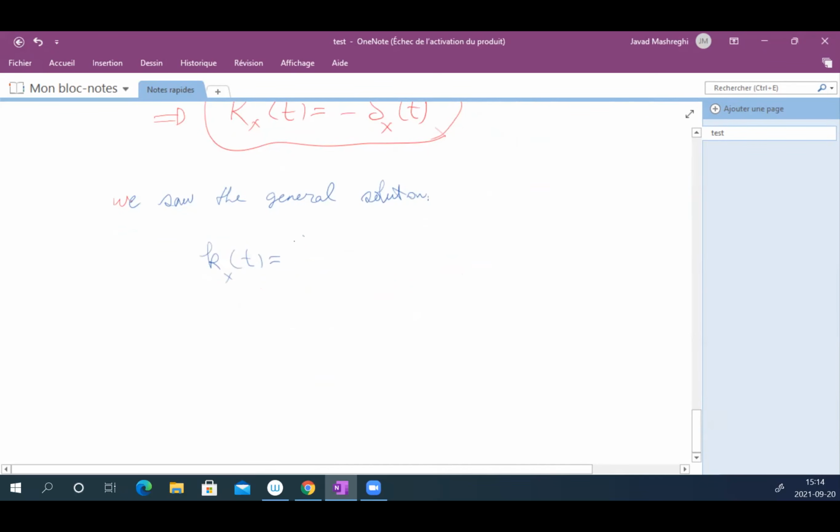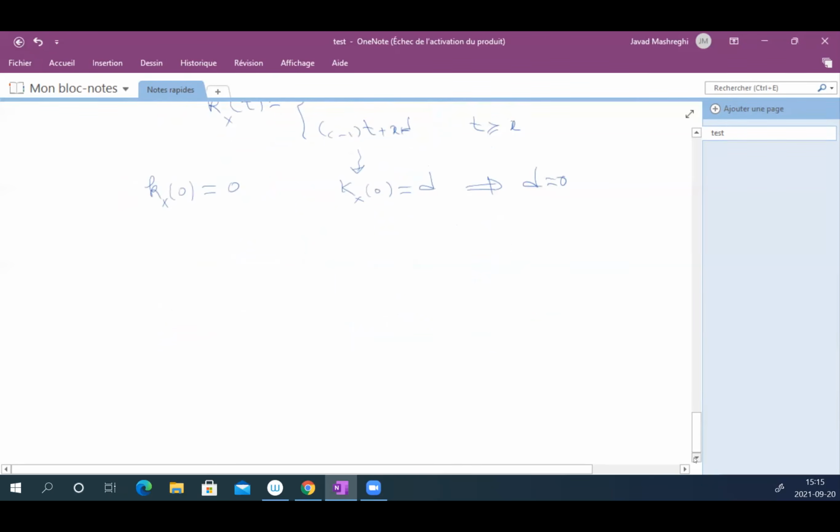K_x(t) is equal to ct + d for t less than x, and (c − 1)t + x + d for t bigger than or equal to x. One condition we have is that k_x at the point 0 needs to be 0. Using this formula, we see that k_x(0) is equal to d, so d has to be 0.